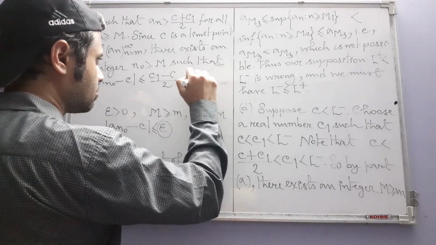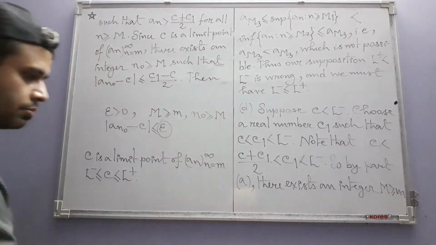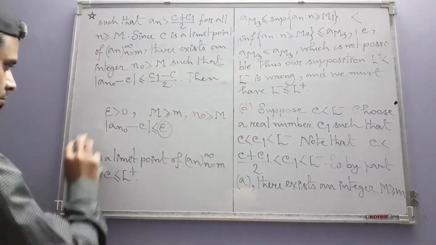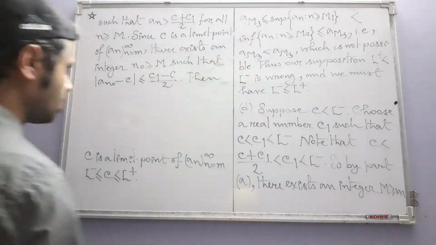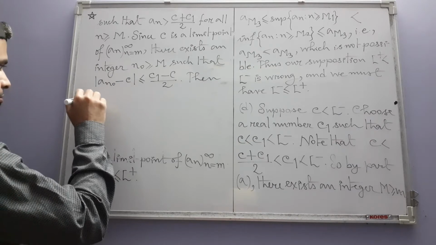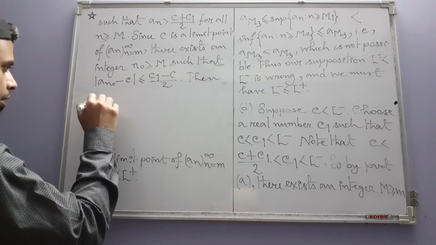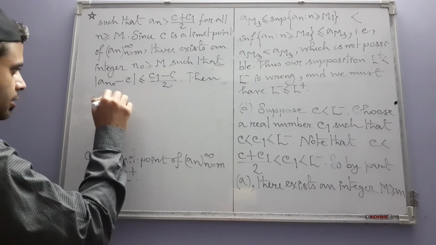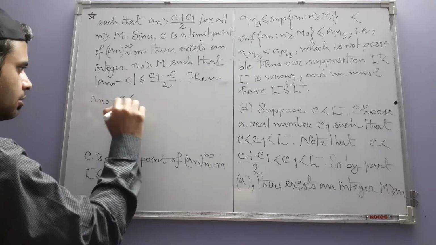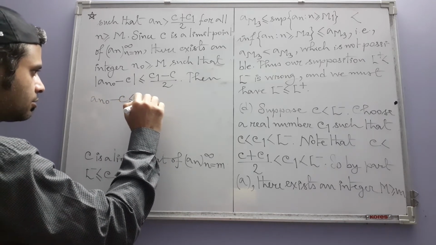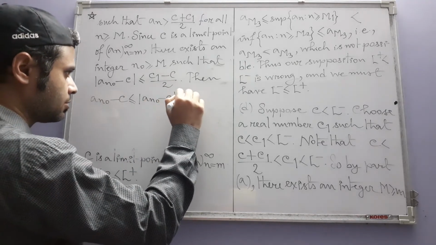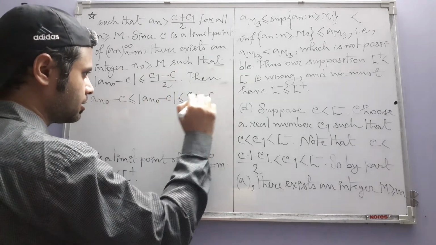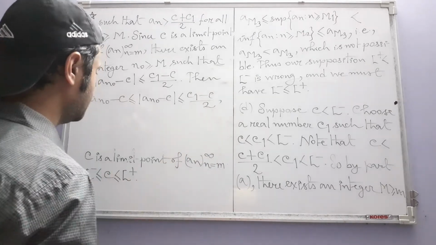Then an naught minus c is less than or equal to the absolute value of an naught minus c, which is less than or equal to c1 minus c divided by 2.